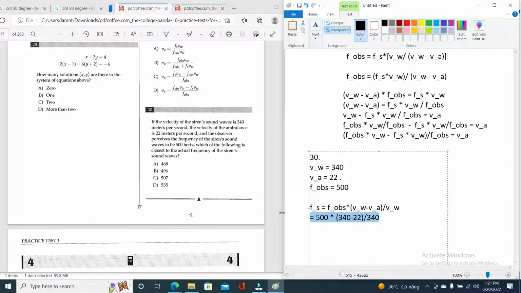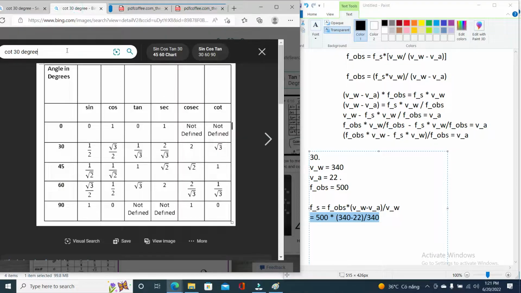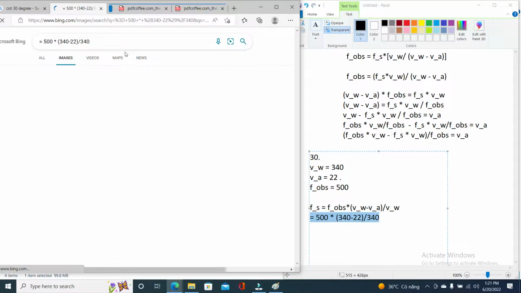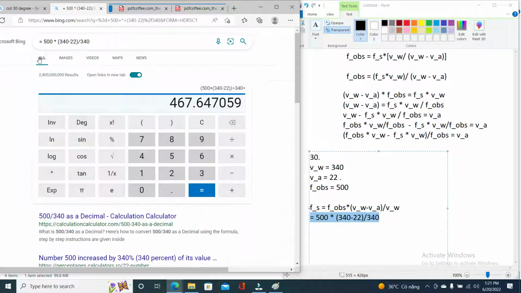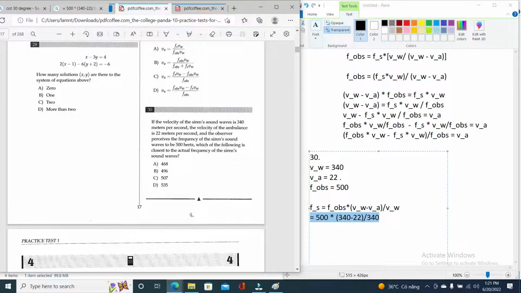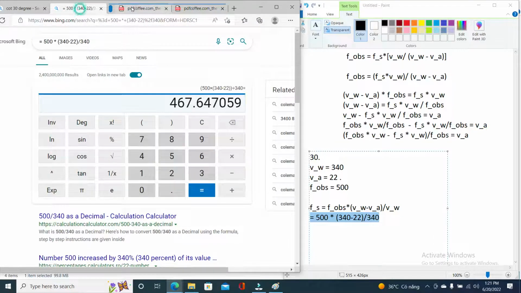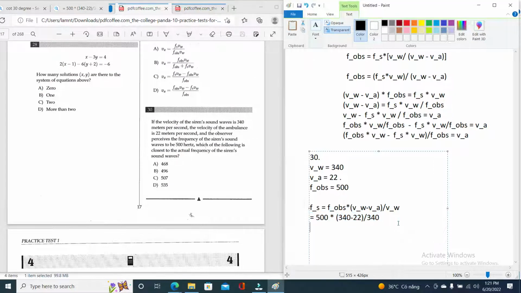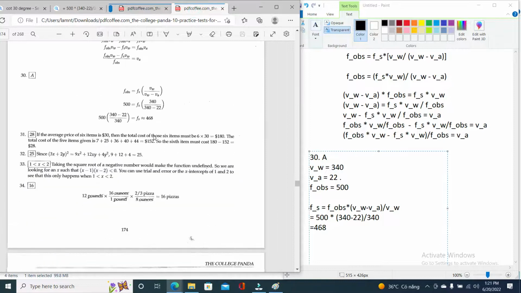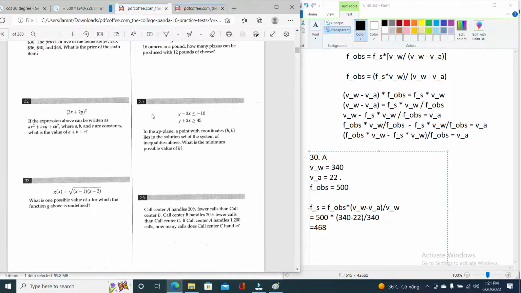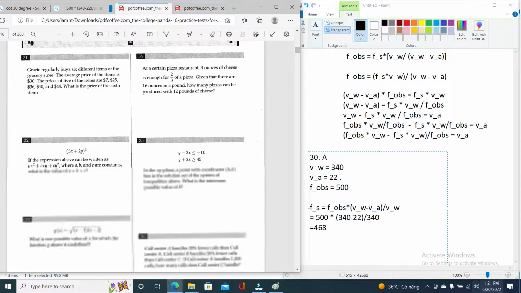That's going to be equal to 467, so 468, around 468, around that. So it's A, 30 is A, okay, and 30 is A indeed. Yes, alright, 30, 8 to go, man.